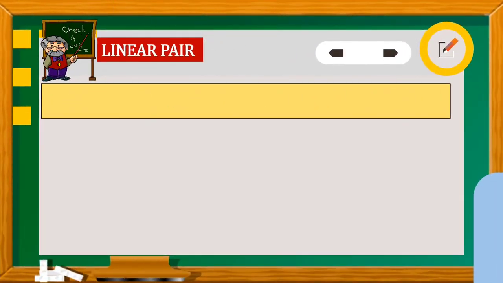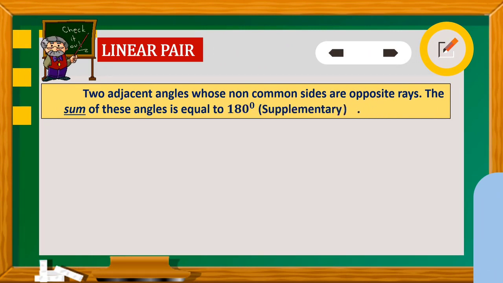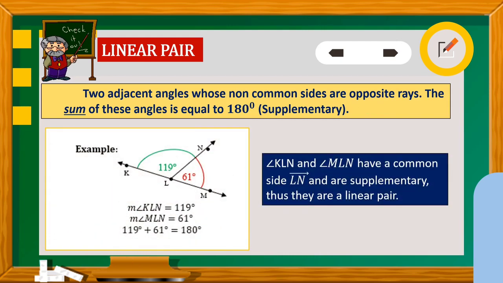Linear pair. Two adjacent angles whose non-common sides are opposite rays. The sum of these angles is equal to 180 degrees, or they are supplementary. Example. In the figure, angle KLN and angle MLN have a common side, which is ray LN, and they are supplementary.